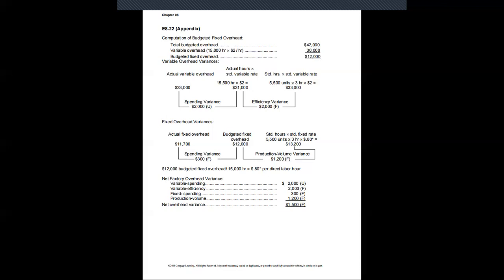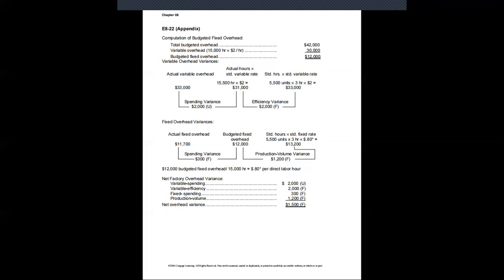So we have the standard hours times standard variable rate. For standard hours is given, and then you multiply it by 3 hours. So we get total of 16,500 hours, and multiply it by 2.